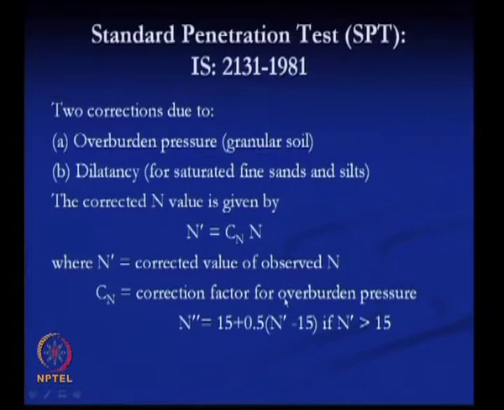If the pore water pressure is negative, then our effective stress will be total stress plus pore water pressure. So, because of this dilatancy effect, as negative pore water pressure is generated, the effective overburden pressure will increase, and we will get a higher value of N. Because of this reason, we have to apply this dilatancy correction to reduce the N value.